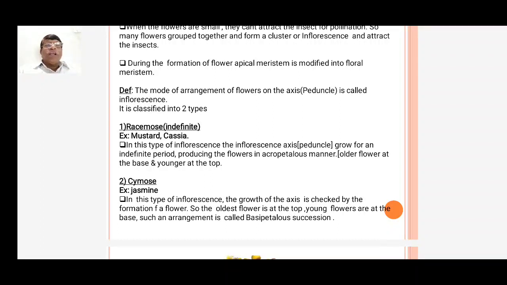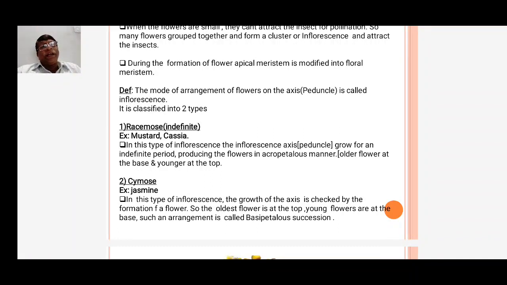So that oldest flower is at the top. Then it produces the younger flowers. It may be further branched or may not be branched. Younger flowers are always at the base. Such an arrangement is called basipetalous arrangement.